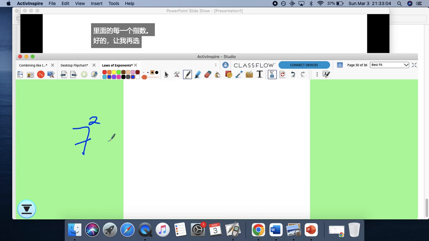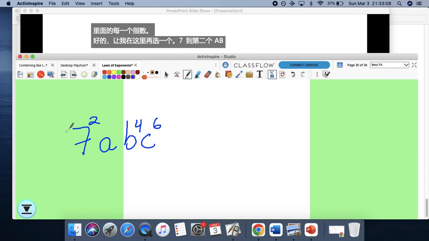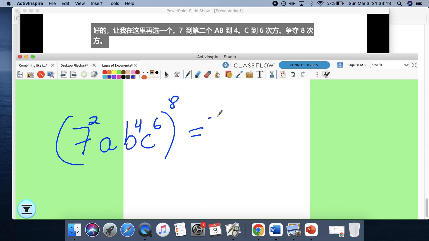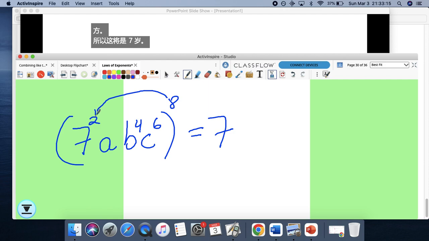Okay, so let me pick another one here. 7 to the 2nd, a, b to the 4th, c to the 6th power, raised to the 8th power. So it's going to be 7, 2 times 8, 7 to the 16. A, well, there's a 1 here, so 1 times 8, 8.